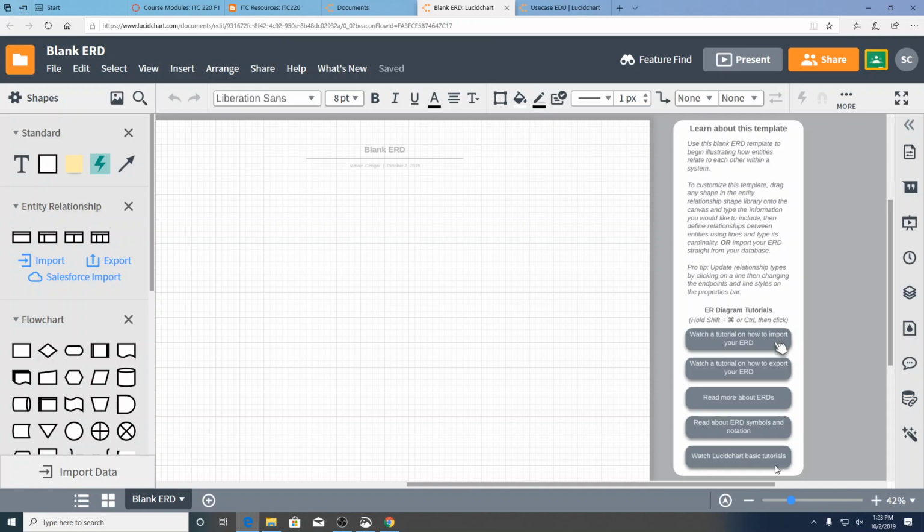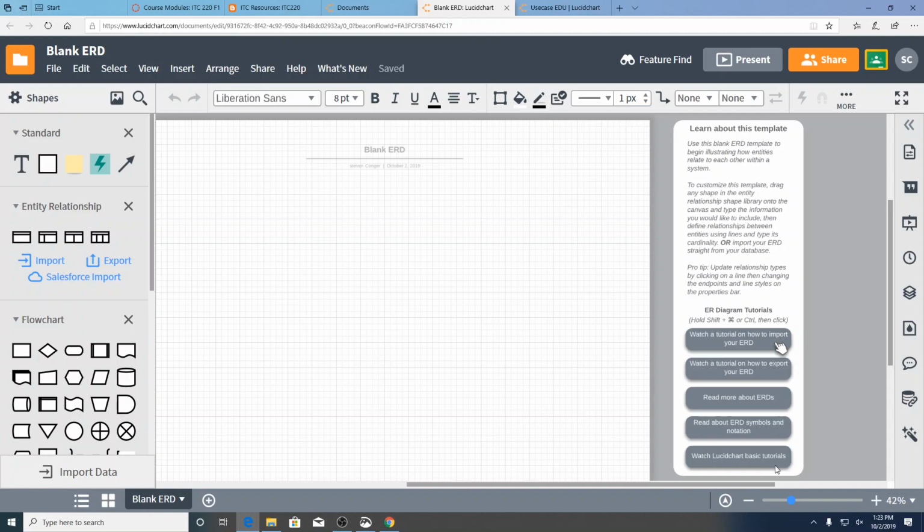So we're logging into Lucid Charts. If you type Lucid Charts, just the website, and press enter, do the top one.